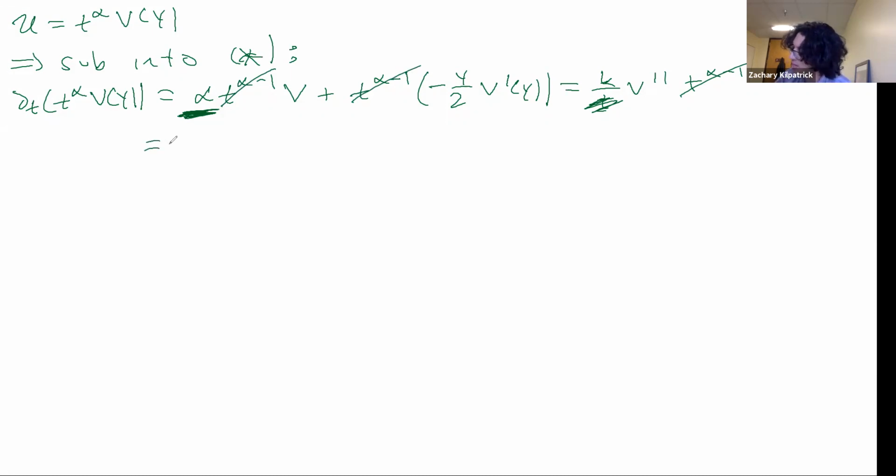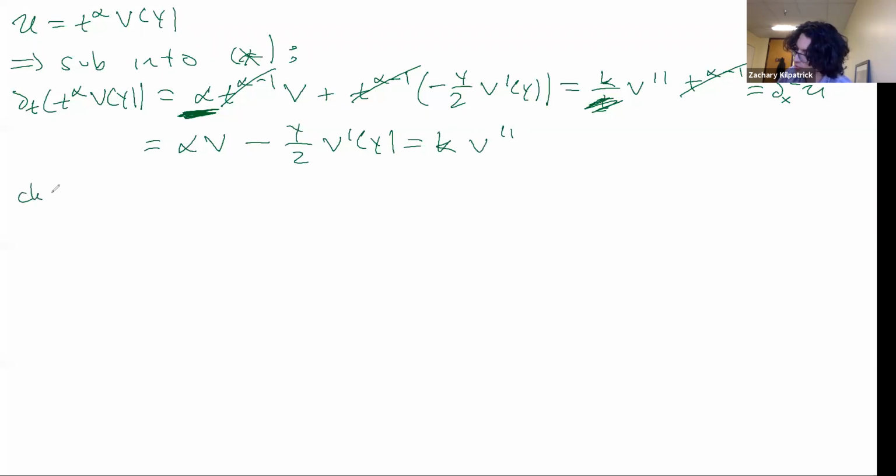And then you would end up, because this was your dx squared u term here. Sorry, I need to finish this off. So then you get alpha v minus y over 2 v prime of y is equal to k v prime prime.